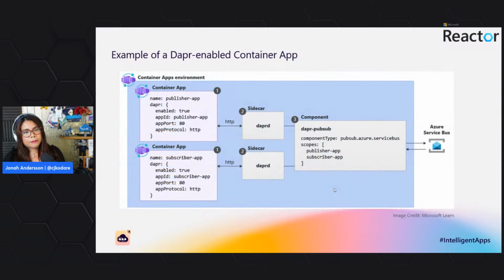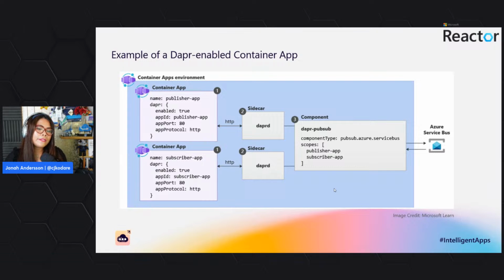So this is an example of a Dapr-enabled container app. This is one of the examples that I will have in my demo as well. So here you see that it has this container app environment, like the box where you put the containers in. And it has two container apps, one that is a publisher, because it's a pub sub, and then there's also a subscriber. And Dapr has the feature of a sidecar.